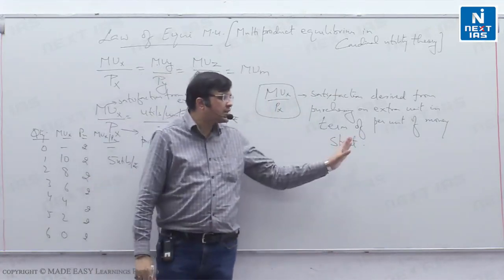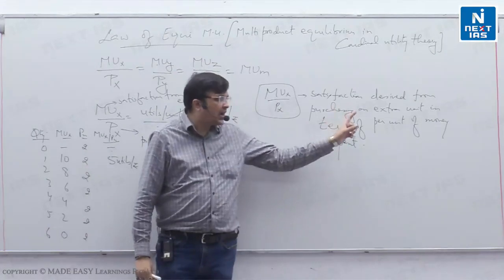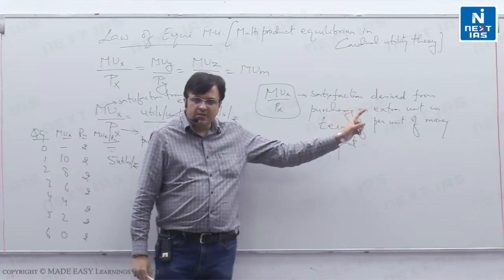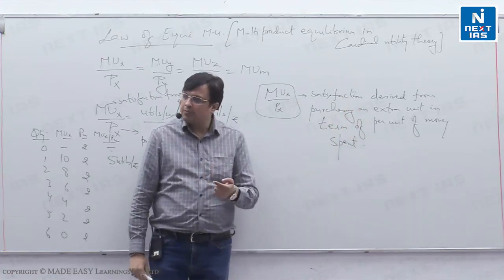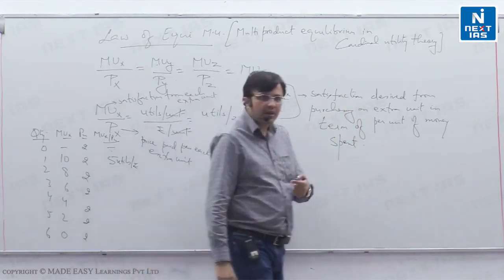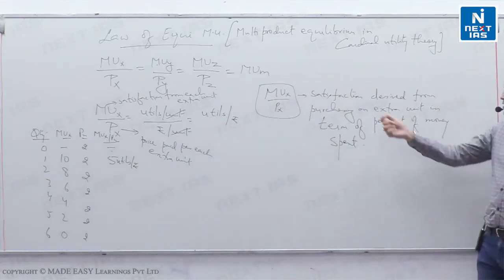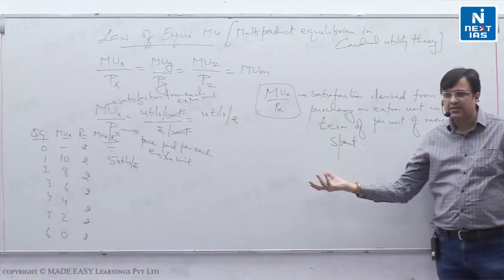I hope you are making sense on that. Satisfaction derived from purchasing an extra unit in terms of per unit of money spent, आपने जो 1 रुपया खर्च किया उससे आपको क्या सेटिस्फैक्शन मिला, that is what you are getting with this MUX upon PX.